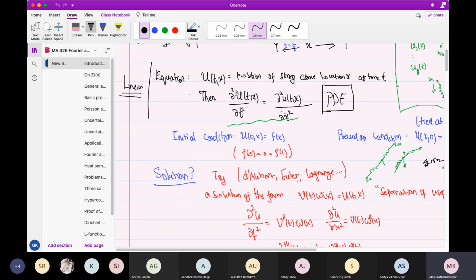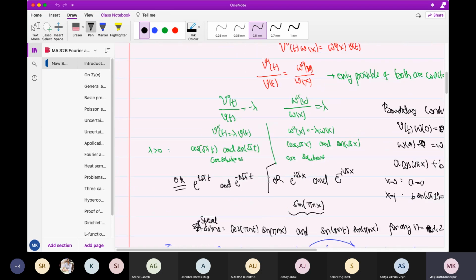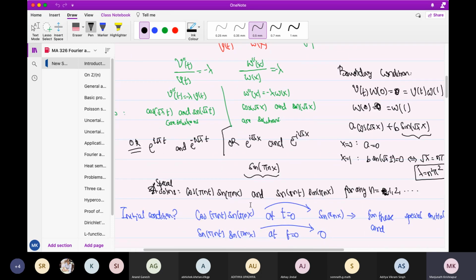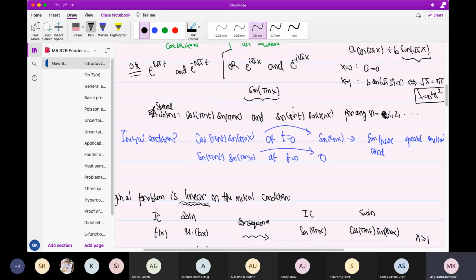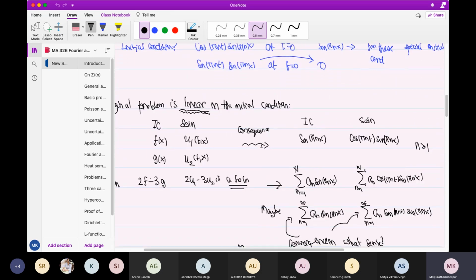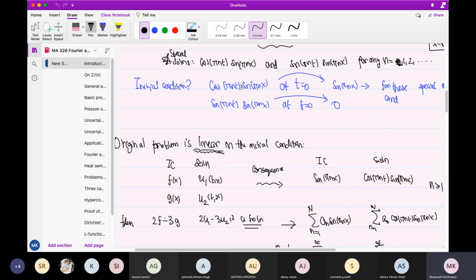In the vibrating string problem, by separation of variables, we found some particular solutions, like cos(πnt) sin(πnx) and sin(πnt) sin(πnx). So the question was about these particular solutions.